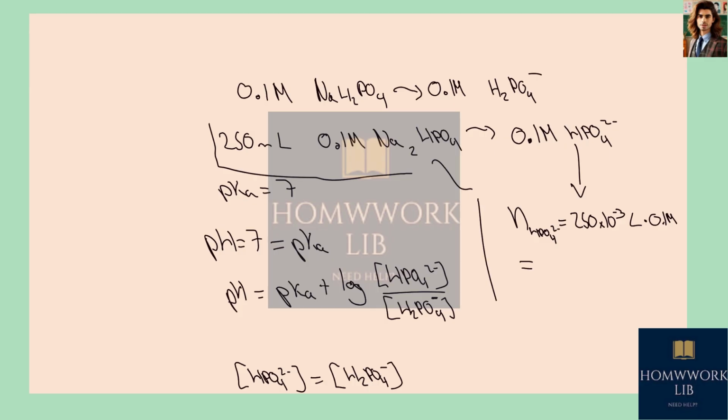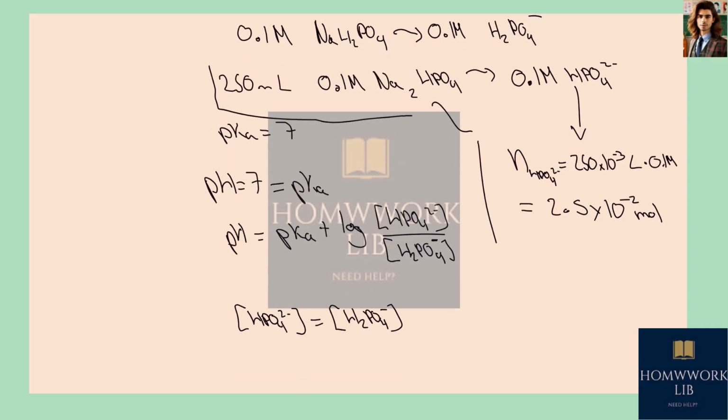This quantity is simply 2.5 times 10 to the minus 2 mole. So we need to add the same amount of substance of H2PO4 minus. And in order to add that, since the concentrations are the same, we need to add 250 milliliters of the other solution.